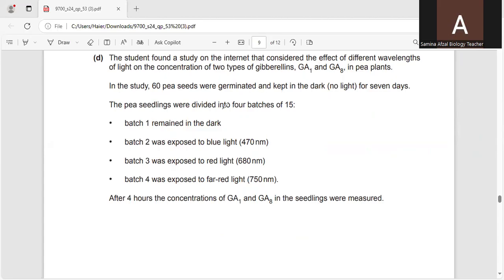The pea seedlings were divided into 4 batches of 15. Batch 1 remained in the dark. Batch 2 was exposed to blue light, 470 nanometer. Batch 3 was exposed to red light, 680 nanometer. Batch 4 was exposed to far red light, that was 750 nanometer. After 4 hours, the concentrations of GA1 and GA8 in the seedlings were measured.